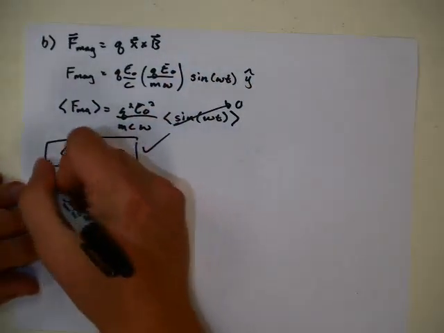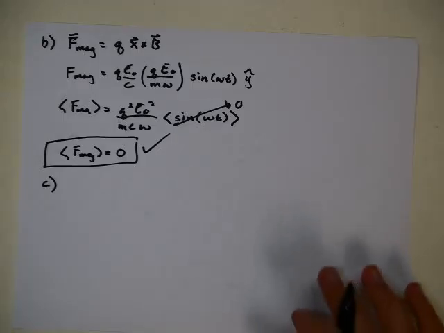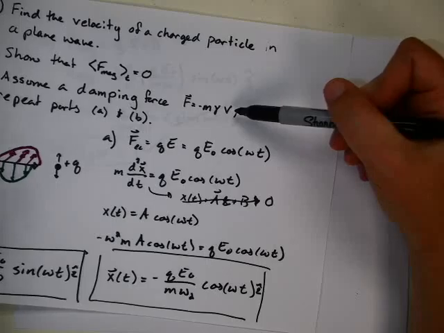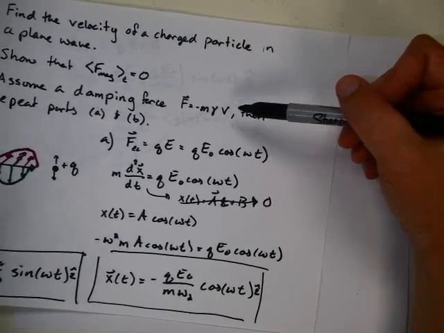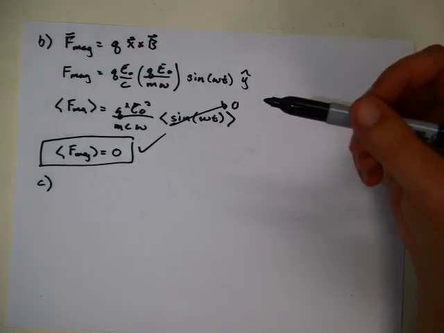So we've shown that. Now let's go to the final problem. We're going to redo this, but we're going to put in an additional damping force. F is equal to minus gamma v, or minus gamma x dot, whenever we do the problem.